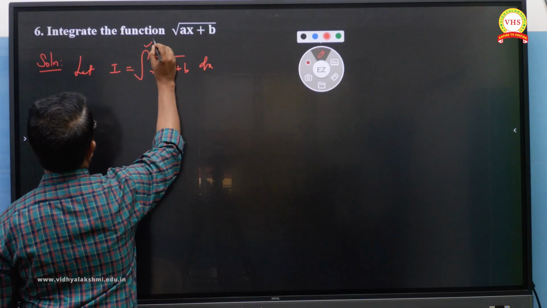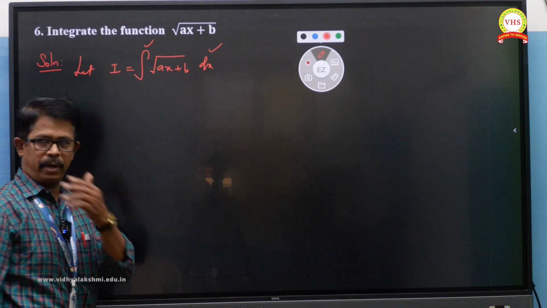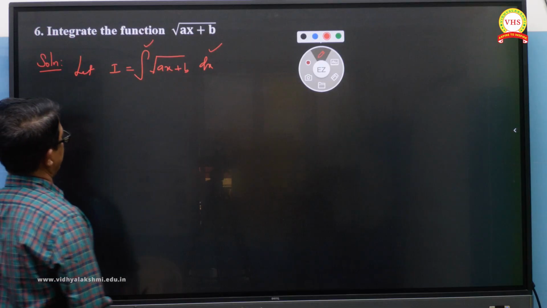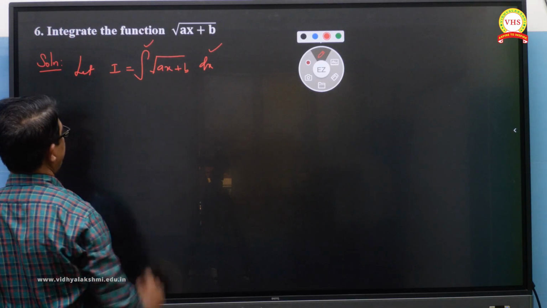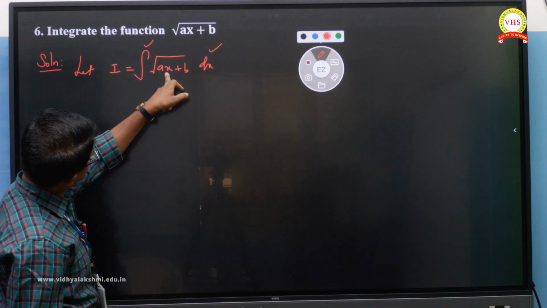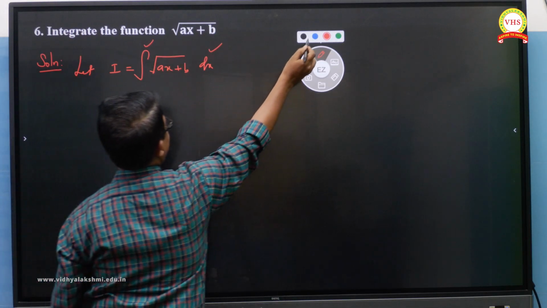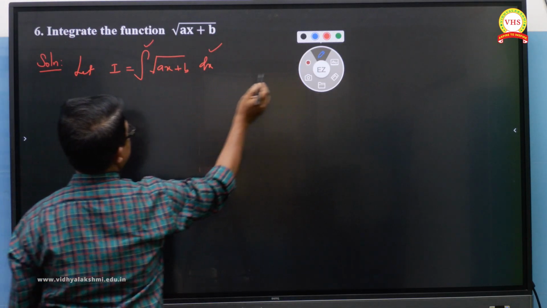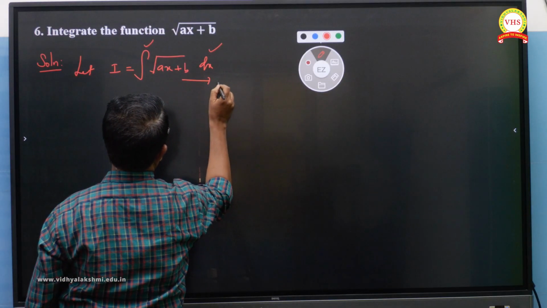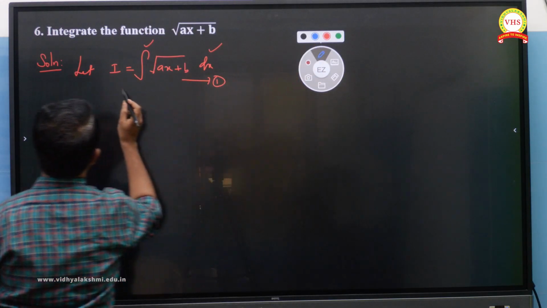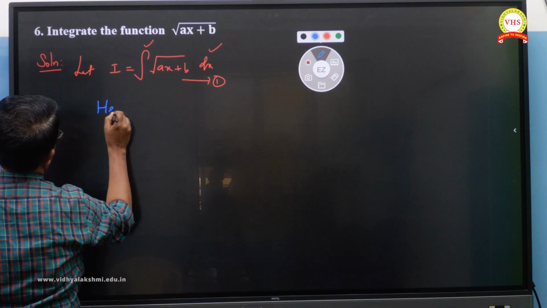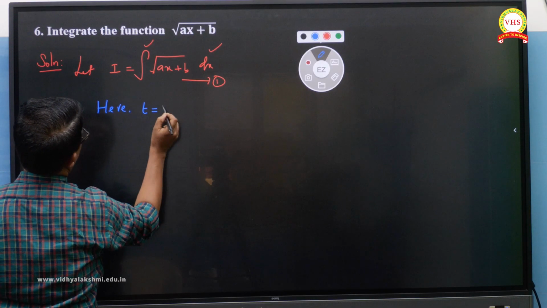When you are writing the integral, you should write the corresponding element with respect to the corresponding element. Now here we are unable to integrate directly, inside is some constant. In terms of x, now we are going to assign as t. We may call this equation number 1. What is t equal to?